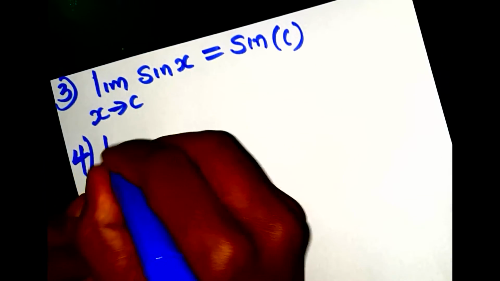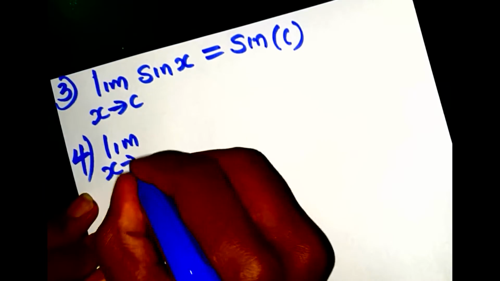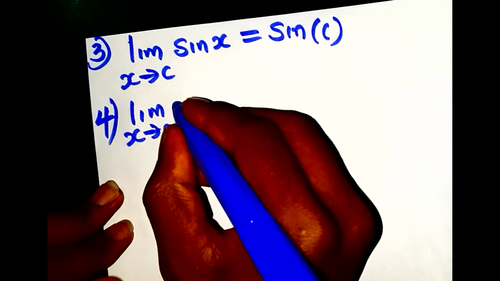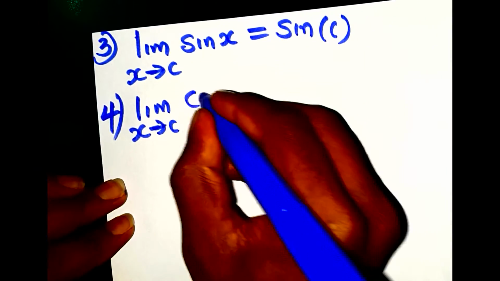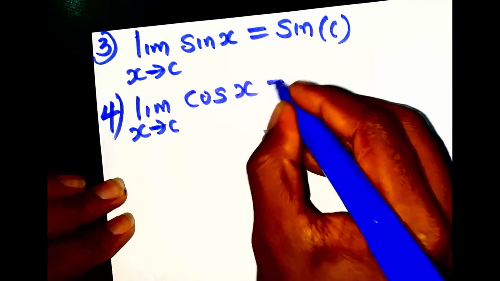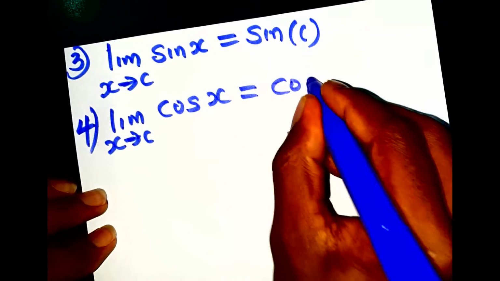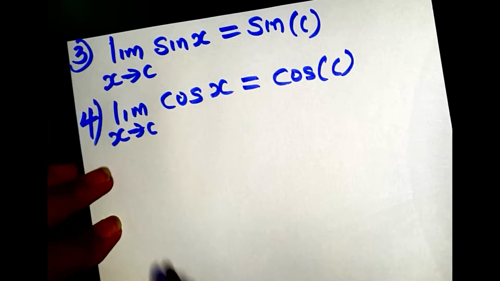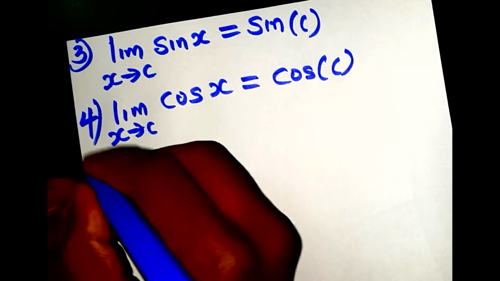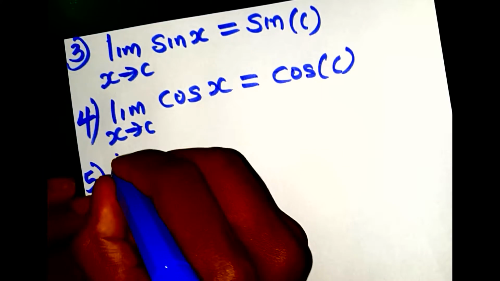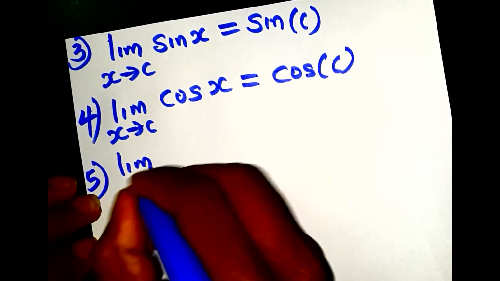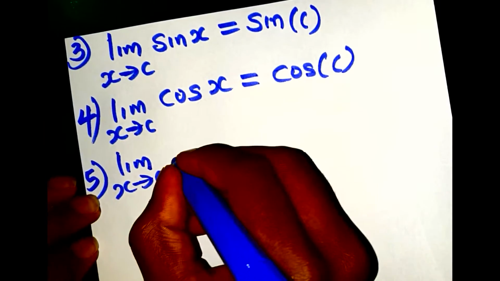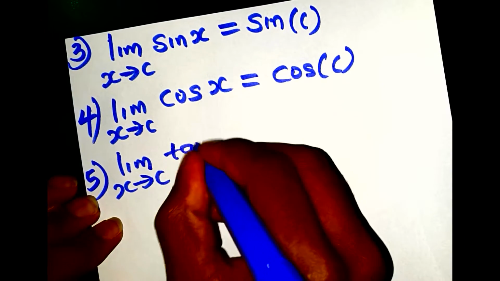Another example, limit x tends to c of cosine x. This one too is very easy, just cosine c. Then another one, limit x tends to c of tan x.